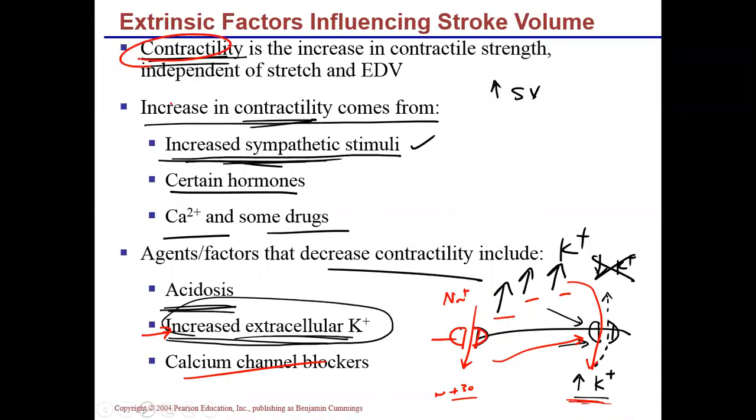So we discussed the preload, what amount of blood is coming in and filling up the heart before it contracts. We discussed the force of contraction, contractility. The next one, by the way, we may want to also talk about is the parasympathetic activity. Parasympathetic activity reduces the contractility as well.